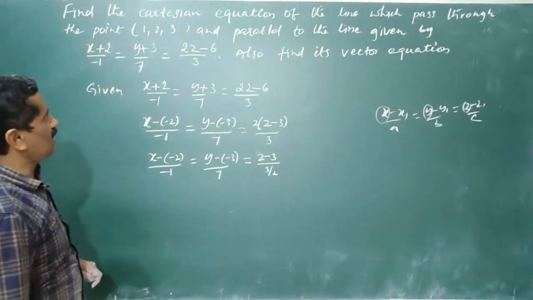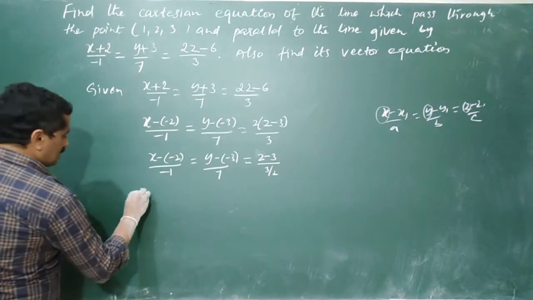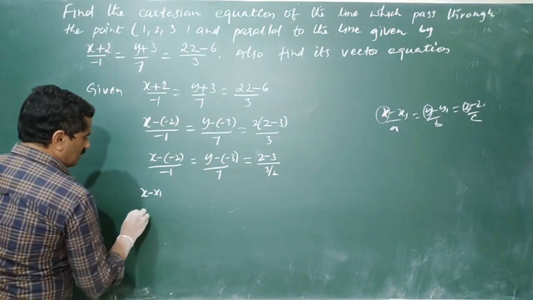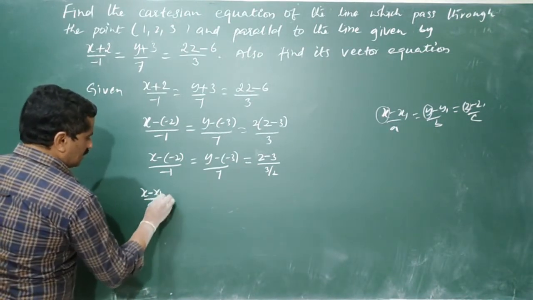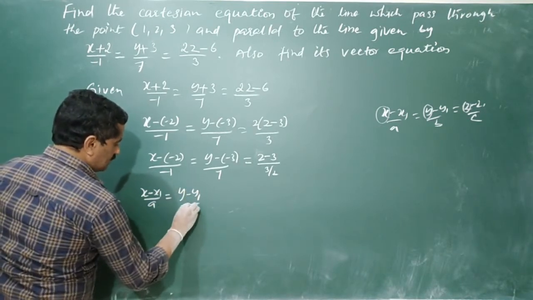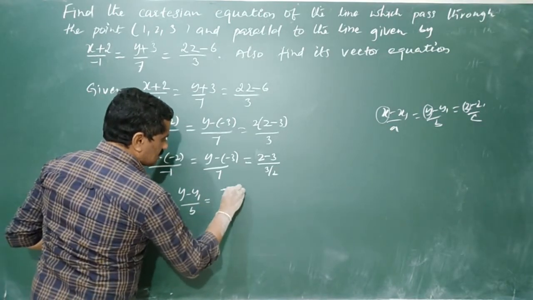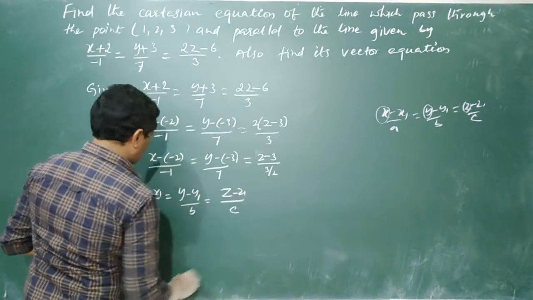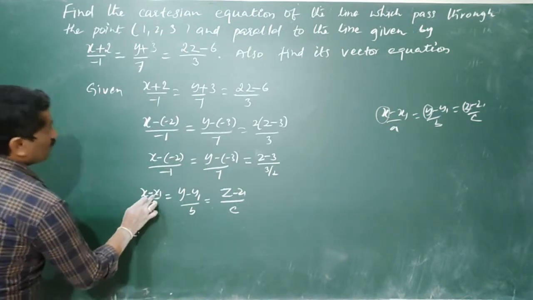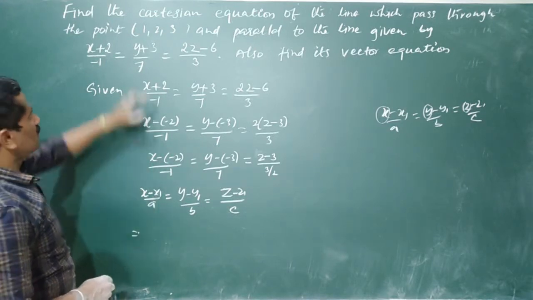So now we need to find the Cartesian equation. So we have a Cartesian equation, that is x minus x1 by a is equal to y minus y1 by b, that is equal to z minus z1 by c. Again that implies, here what is the value of x1? 1.